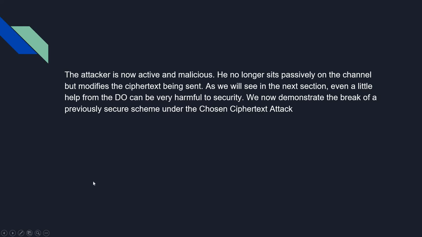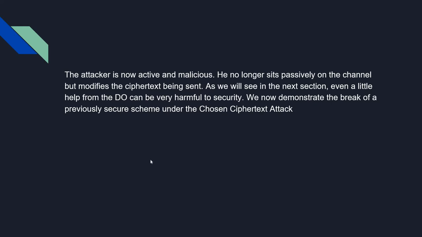Now, the main reason why this attack is happening is that the attacker is now active and malicious. That is, the attacker no longer sits passively on the channel, but modifies the ciphertext being sent. Unlike in the chosen plaintext attack, where the attacker only observes the message, here the attacker has an additional power to modify the ciphertext as well as choose a new ciphertext and get the corresponding decrypted plaintext.